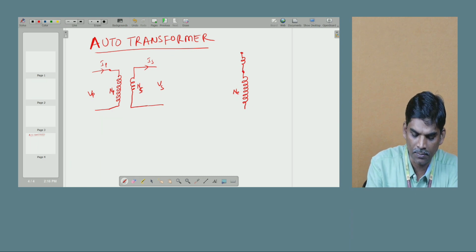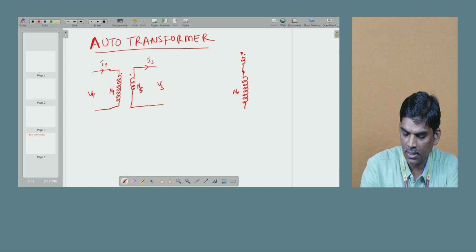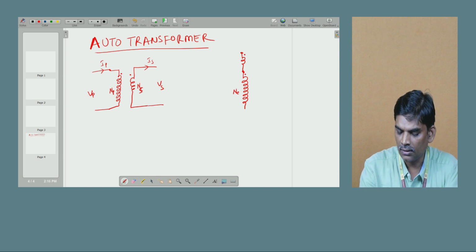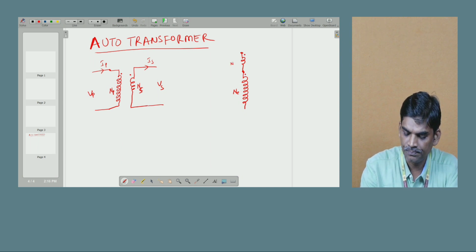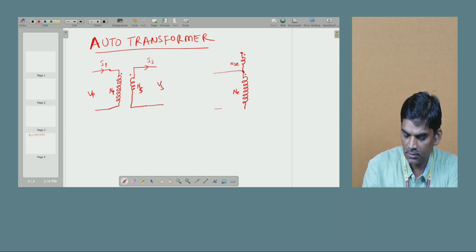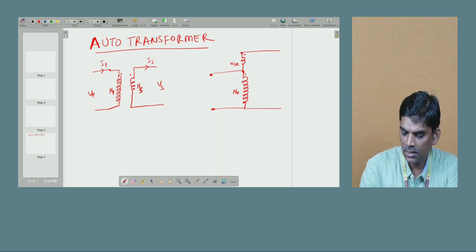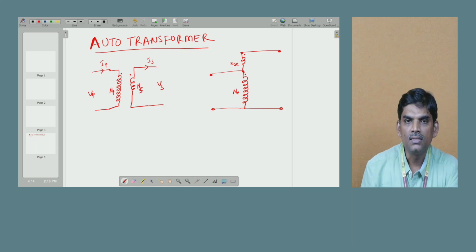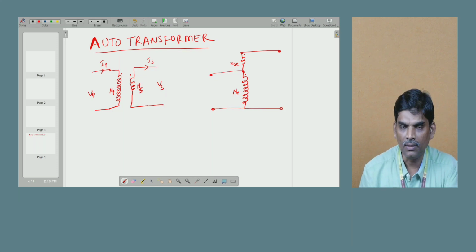These polarities, we know, are connected in series. This is NSC. Now this winding is connected like this. It acts as a step up transformer, but it is only one winding.